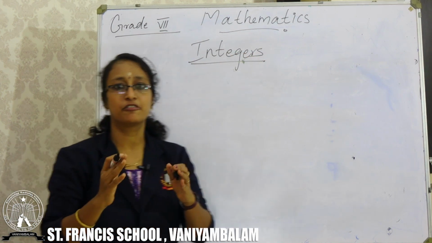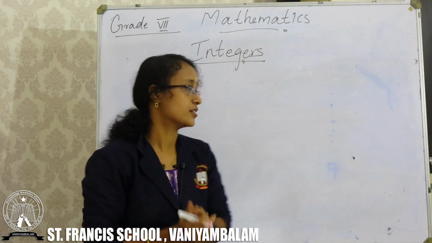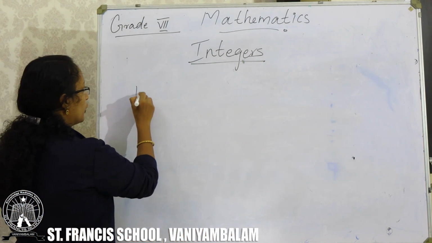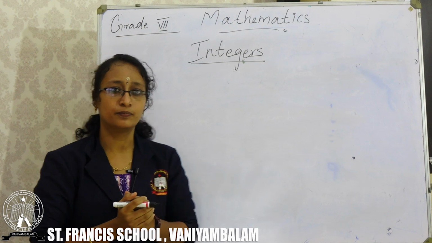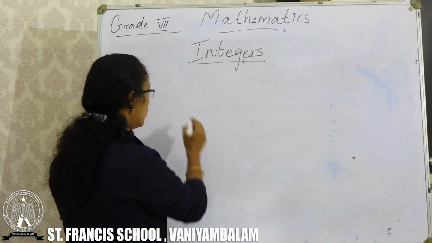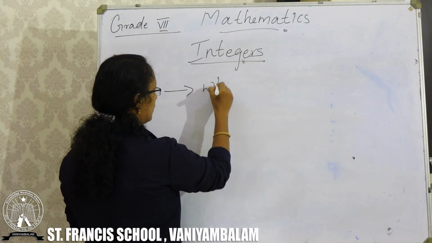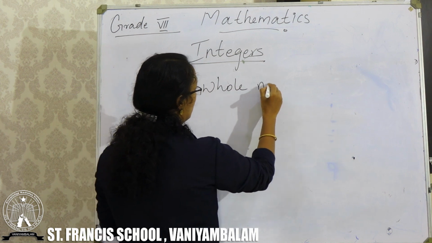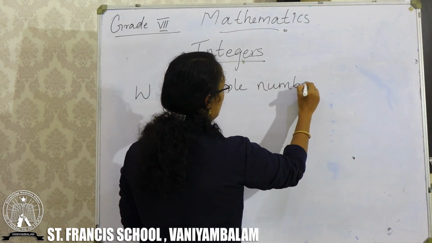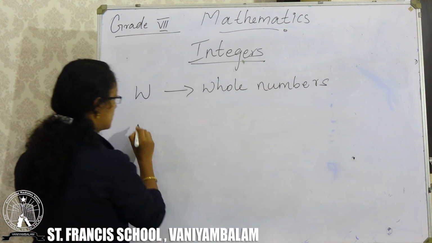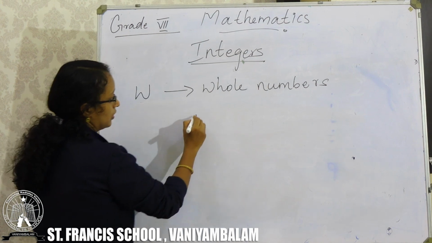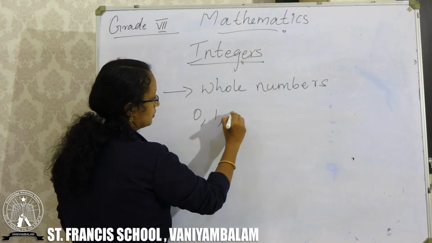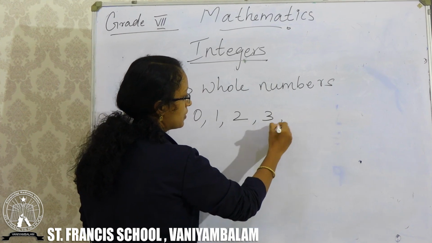Okay, let's start our first chapter, integers. Do you remember what is W? W is whole numbers, right? Yes, this is whole numbers. And what are the whole numbers, you know?